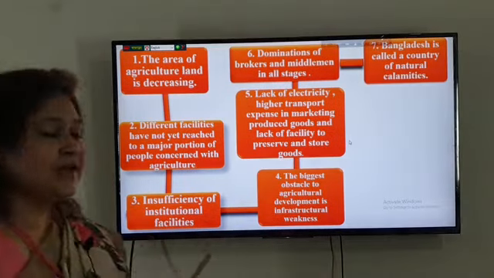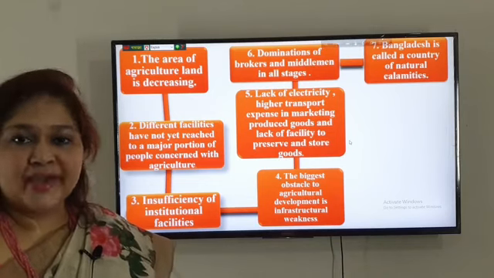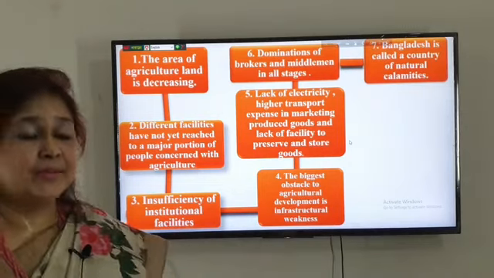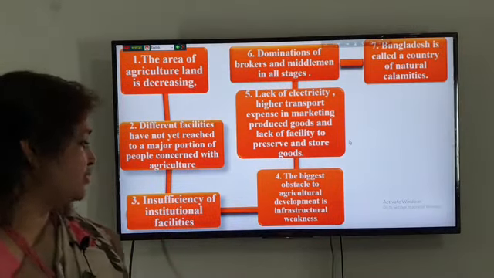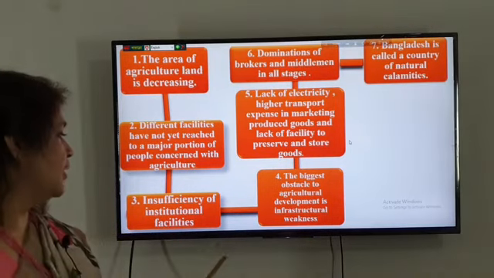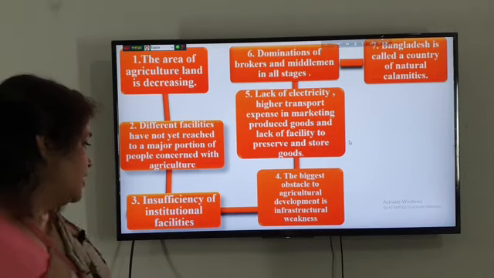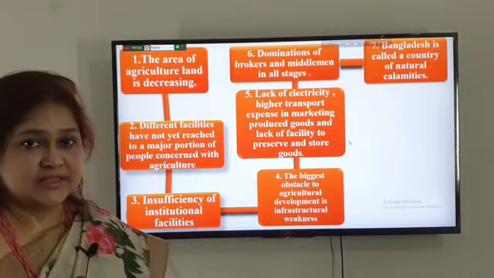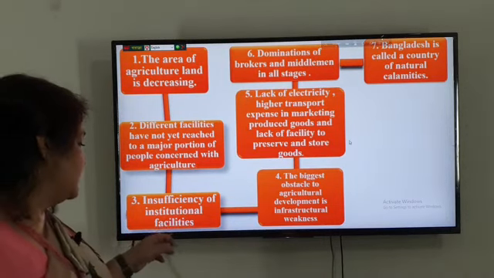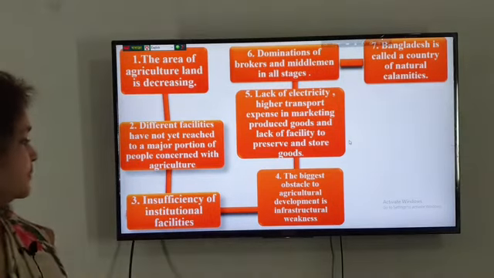But in our country, we see we do not have sufficient bank loans, or our government or private sector are not able to establish different banks which provide institutional facilities or loan facilities for the farmers. So we see an insufficiency in the agricultural sector.